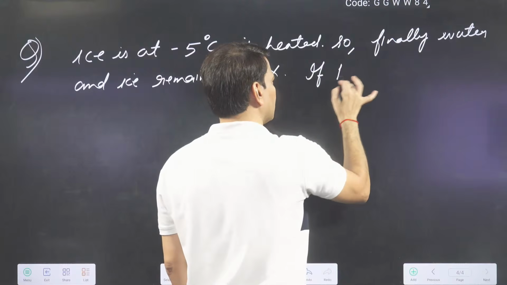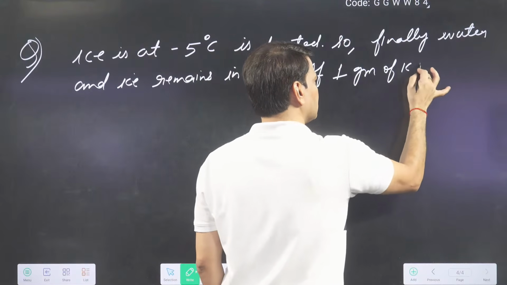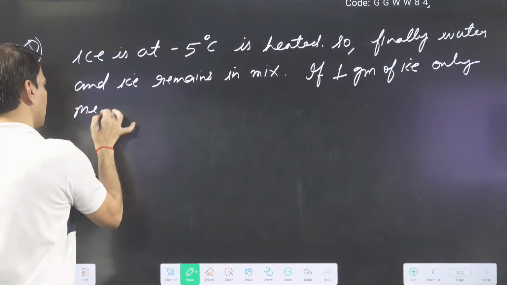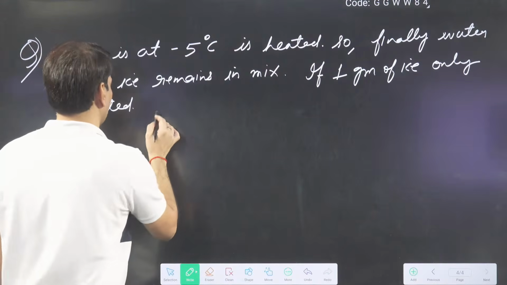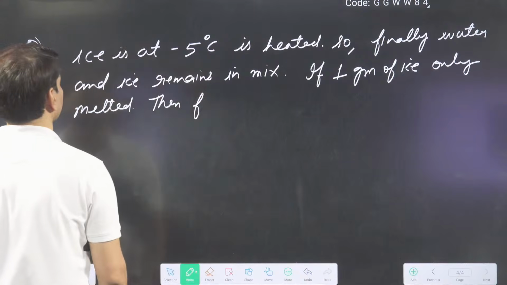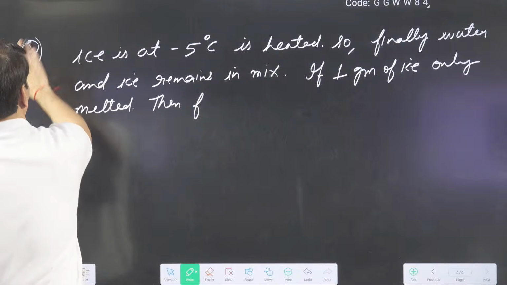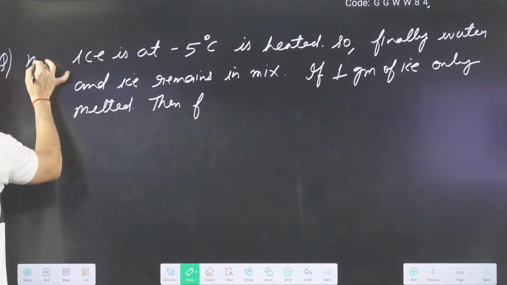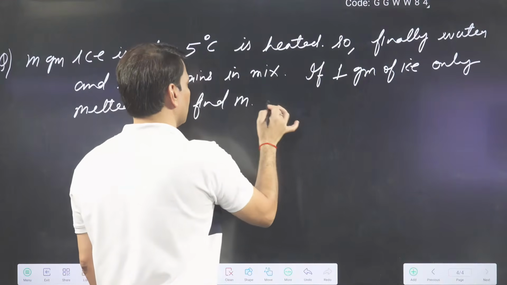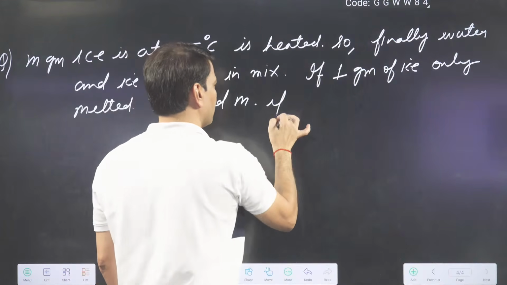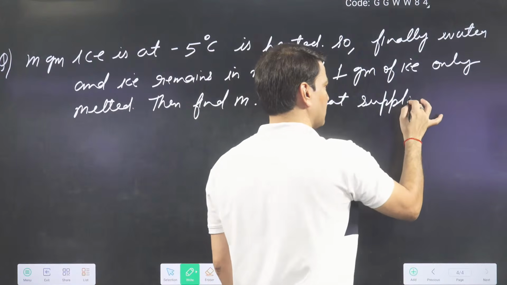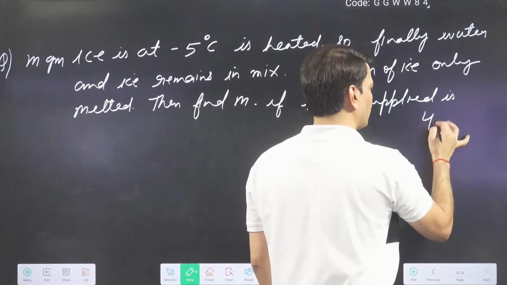If only 1 gram of ice melted, then that is m gram of ice. Then find m if the heat supplied is 420 joule.